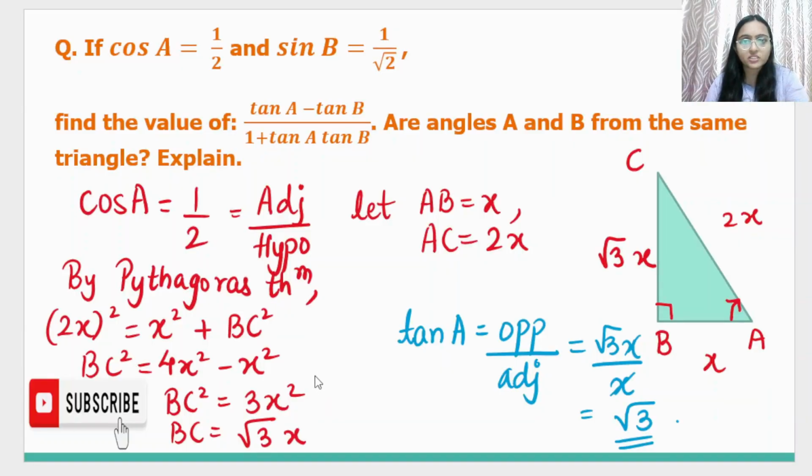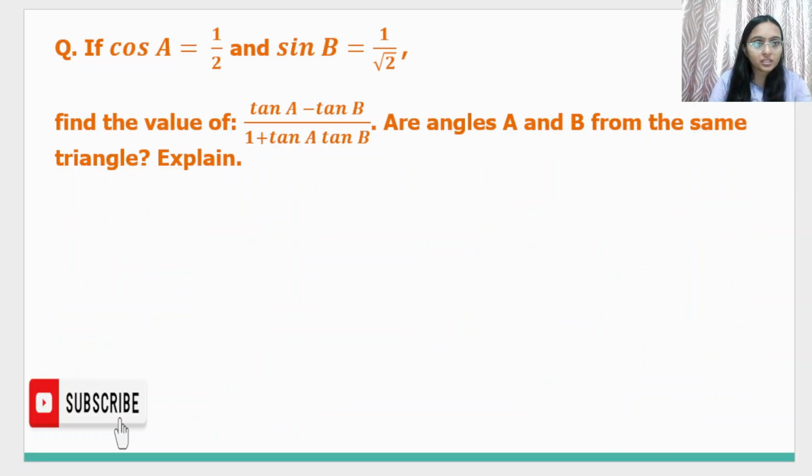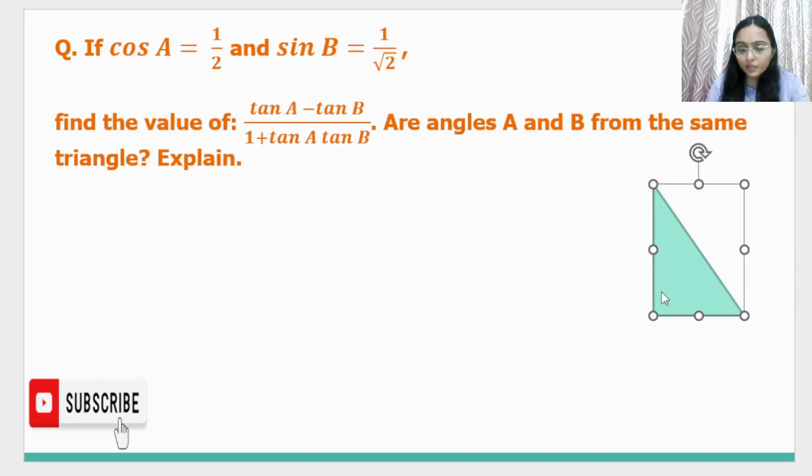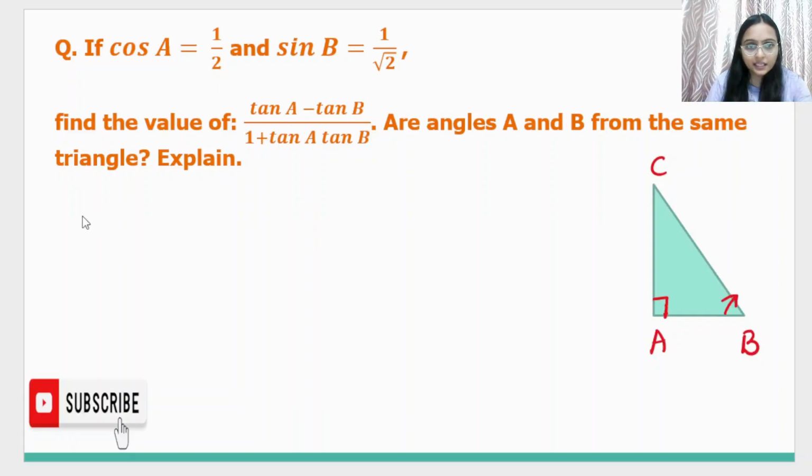Similarly, exactly the same steps we will follow to find tan B. So for tan B, again we take another triangle. This is again a right angle triangle. So we want to find B. So if this is B, let's take this as A, this as C. So what is given? We have sin B, which is given.